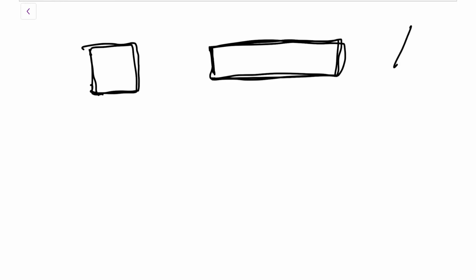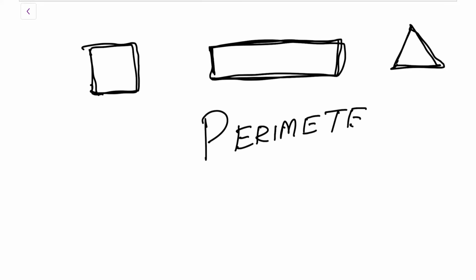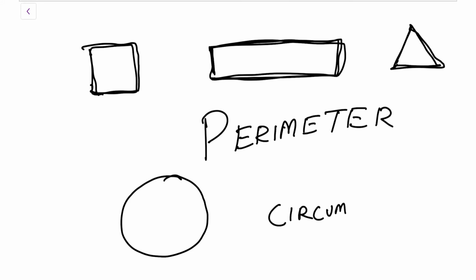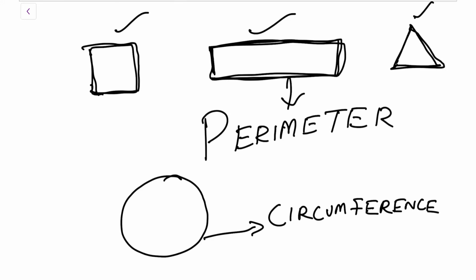In fact, for a triangle also, square, rectangle or triangle, the length of the outer boundary is called a perimeter. Whereas the length of the outer boundary of a circle is called circumference. So the length of the outer boundary for a square, rectangle and triangle is called perimeter, but for a circle it is called circumference.